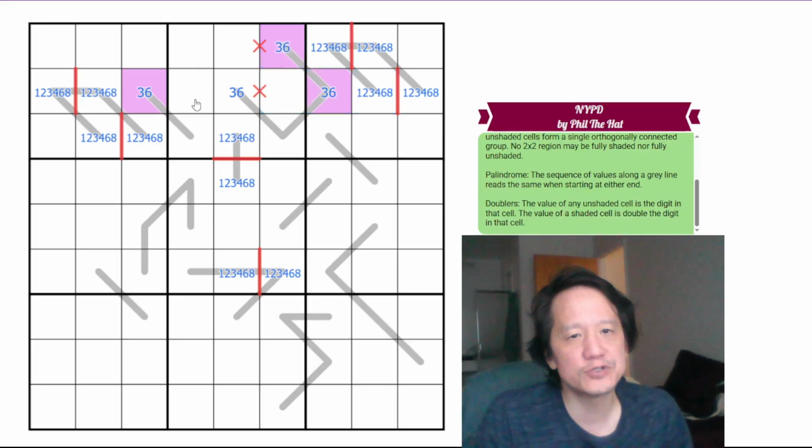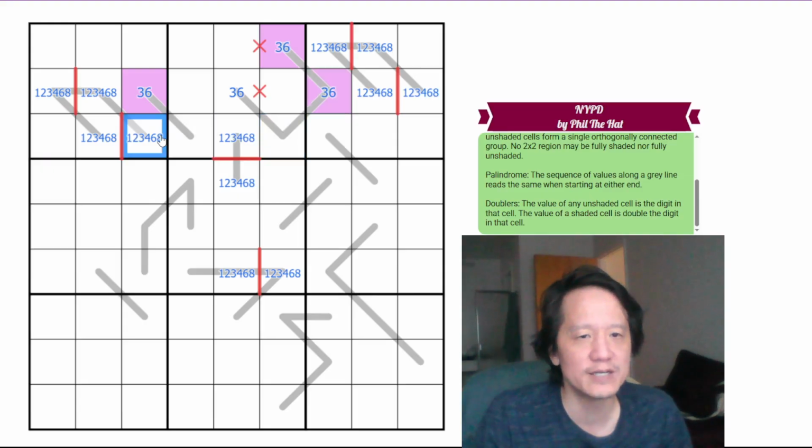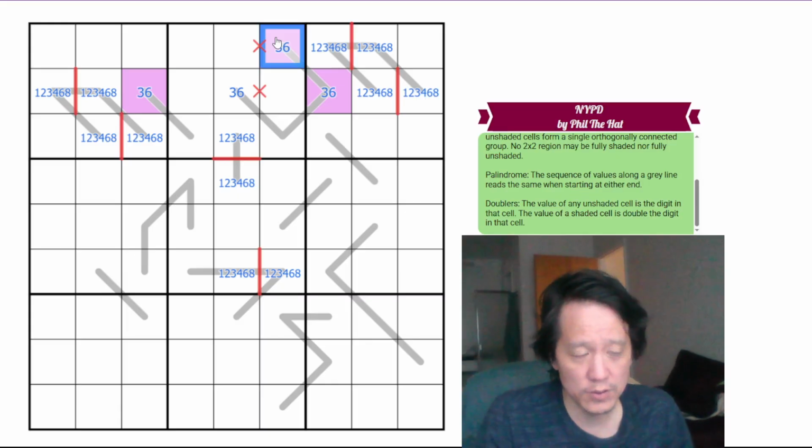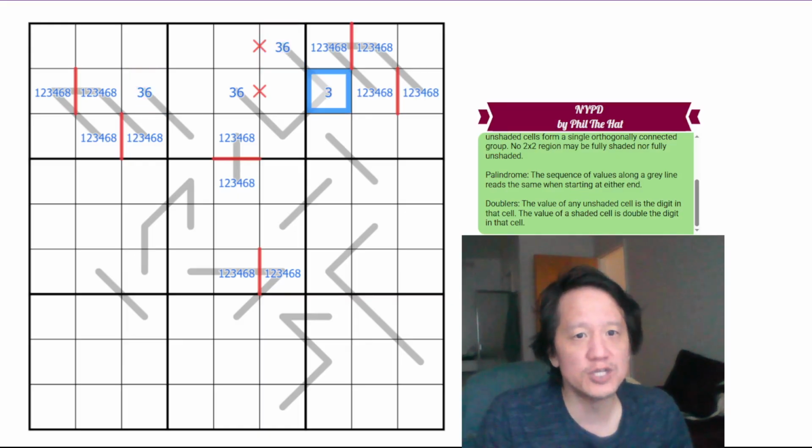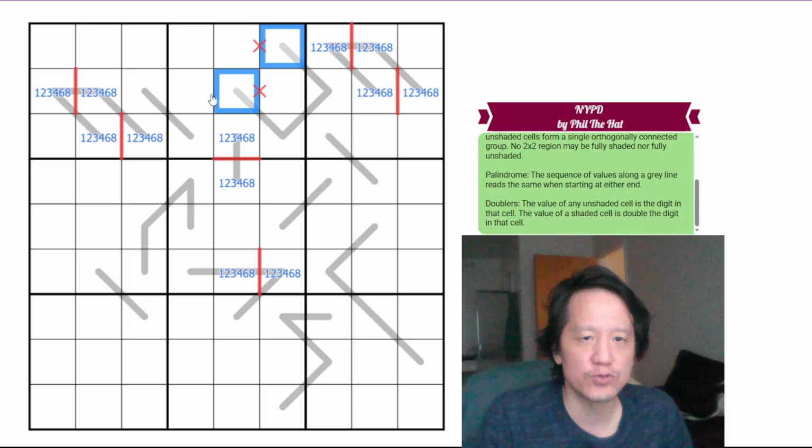If you try to halve or double it, it would be the same as that digit, and they would be in the same box. If you tried to make it the same digit, it would be in that box also. So that doesn't work either.